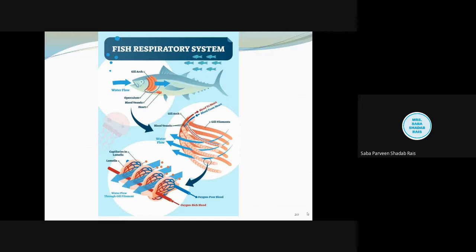The fish take water inside the body through the mouth, and this water spreads over the gills, and there the diffusion of gases occurs into the gill filaments or lamellae, and thereafter the water flows out directly from the gills to the outside. This is the general idea.